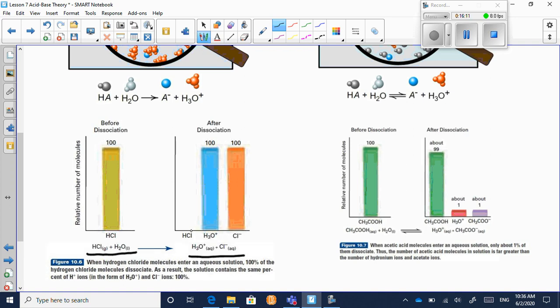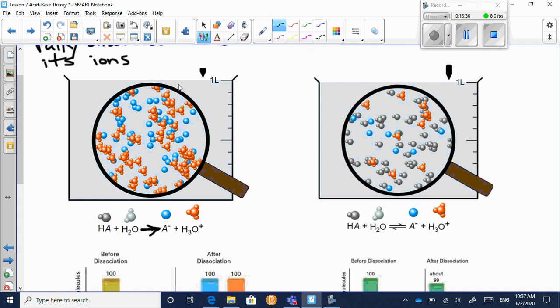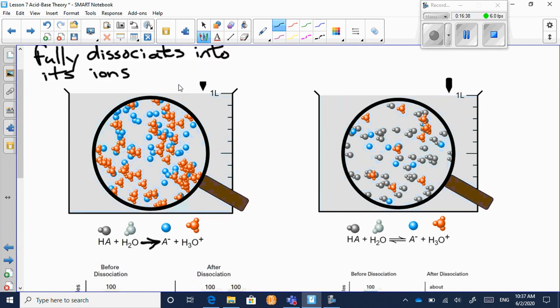In other words, there's no HCl left in the solution. They're gone. It's zero, or virtually zero. And so I'm just showing you that a strong acid fully dissociates. The arrow that they're showing here means that it goes completely over into its ions. Okay, so that's a strong acid.